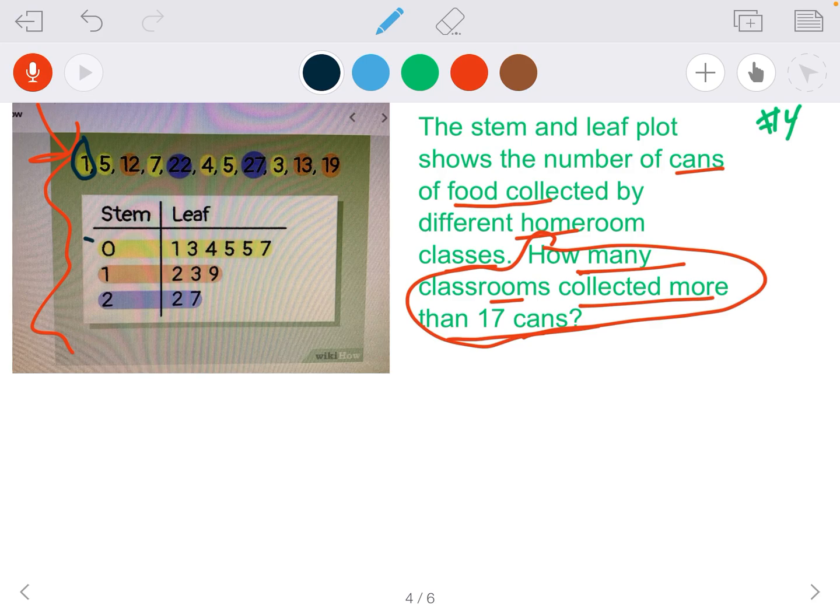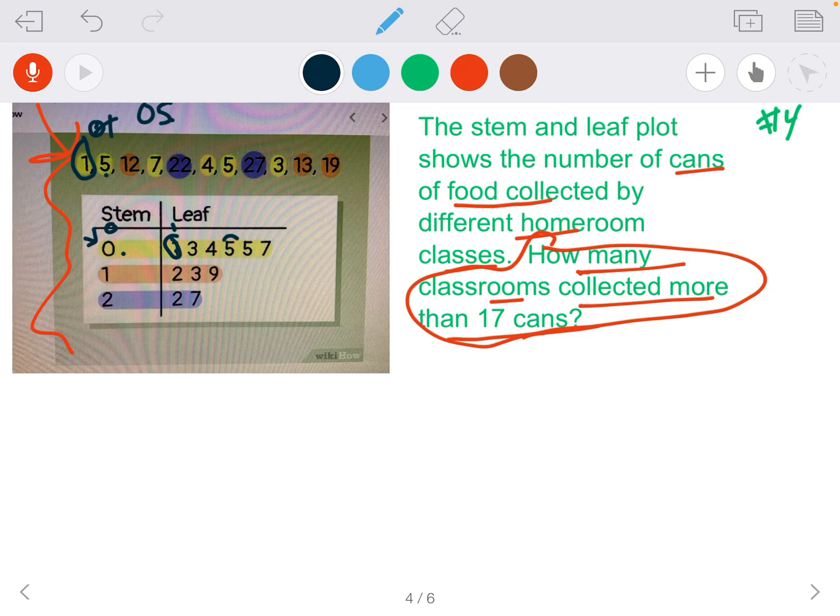I've got a number 1 here. So notice that I can write a number 1 as the number 0, 1 because I need a stem. So I'm going to put my 0 here and my 1 over here just like I did right there. 5 is also written as 0, 5.